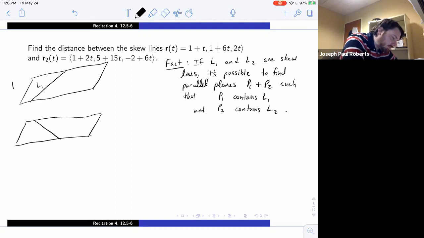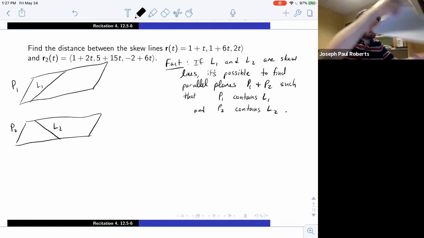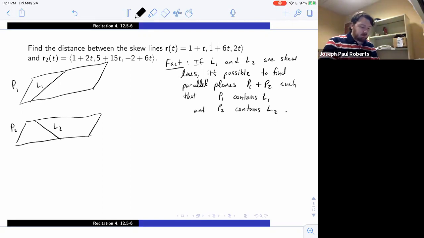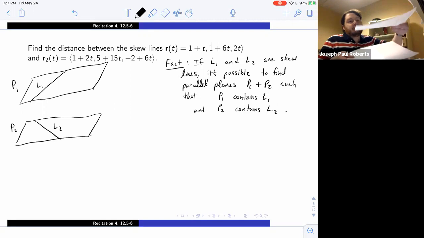So here's the picture. There's L1, there's P1, there's L2, there's P2. And so the way you can imagine skew lines, or try to draw them, is: here's one line that lives in plane 1, here's another line that lives in plane 2, and the idea would be that these 2 planes are then parallel.